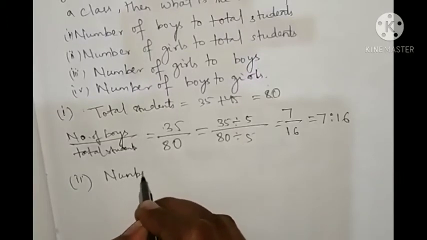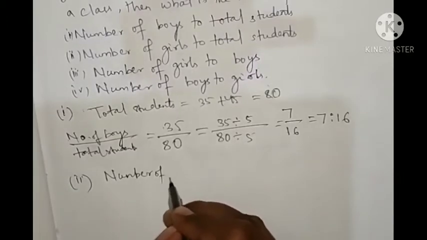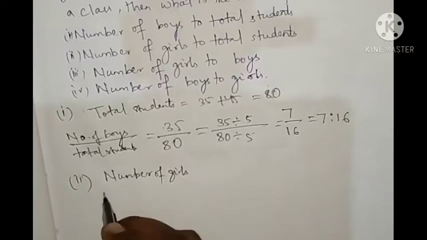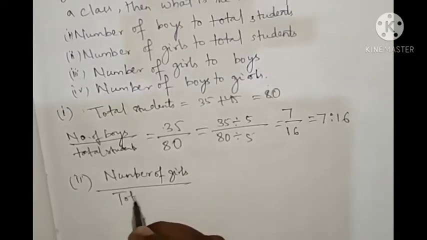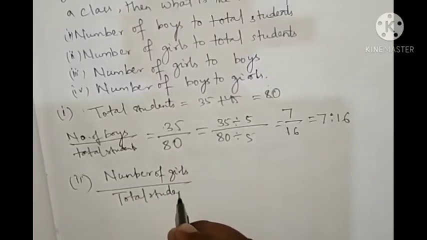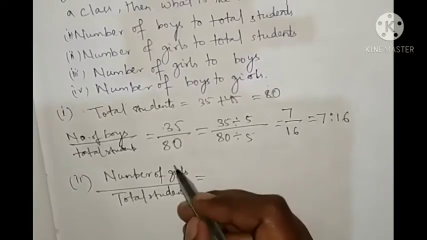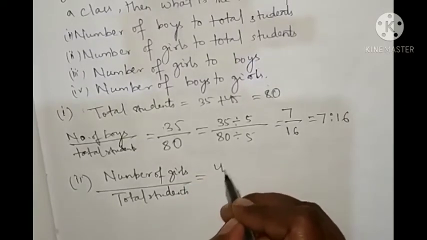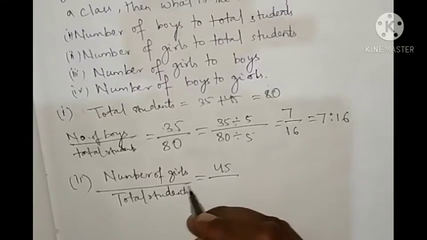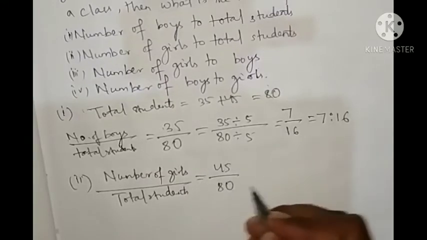Number of girls by total students. So number of girls is how much? 45 girls, and total number of students is 80.